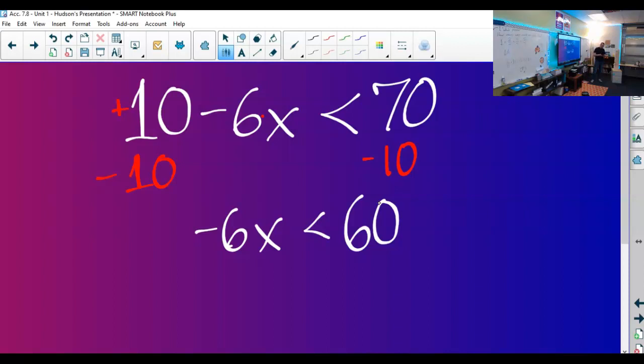What could I do to get rid of this negative 6? Divide. Yeah, because it's multiplied, so we could divide. Dividing by, I got a positive and a negative. We probably haven't noticed, but there are new posters over there that can help us remember what happens with multiplication, division, and addition, subtraction when we have different sign situations.